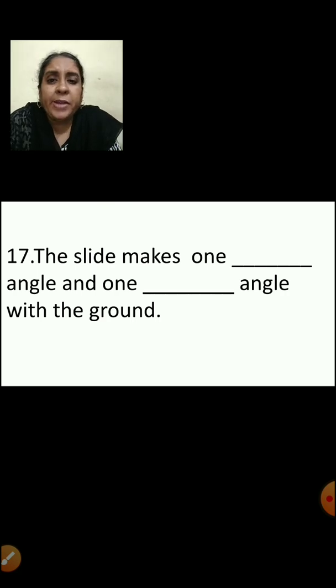Now, 17th question. The slide makes one dash angle and one dash angle with the ground. Now, you all like to play on the slide when you go in the garden, right? You go in the garden and you play on the slide, na children? Yes. Then you must have observed which two angles it makes.